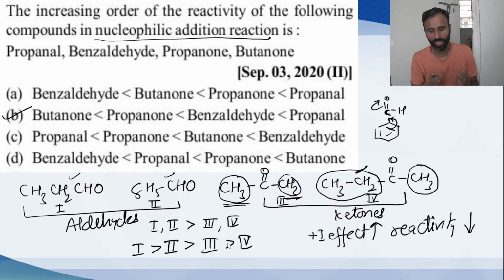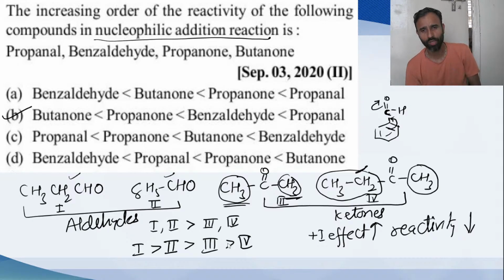So that's why first and second are more reactive, and third and fourth less. Then out of propanal and benzaldehyde, propanal is more reactive. Why? Because propanal is an aliphatic aldehyde and benzaldehyde is an aromatic aldehyde. So aliphatic aldehydes are more reactive than aromatic aldehydes.